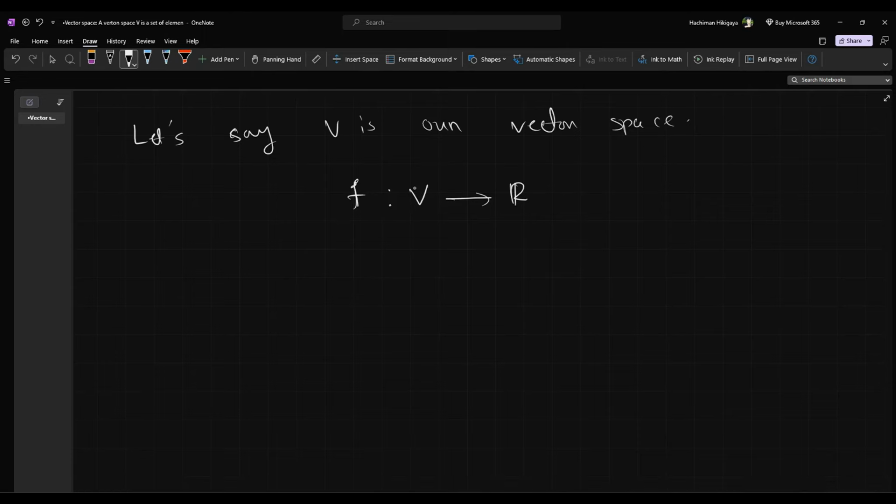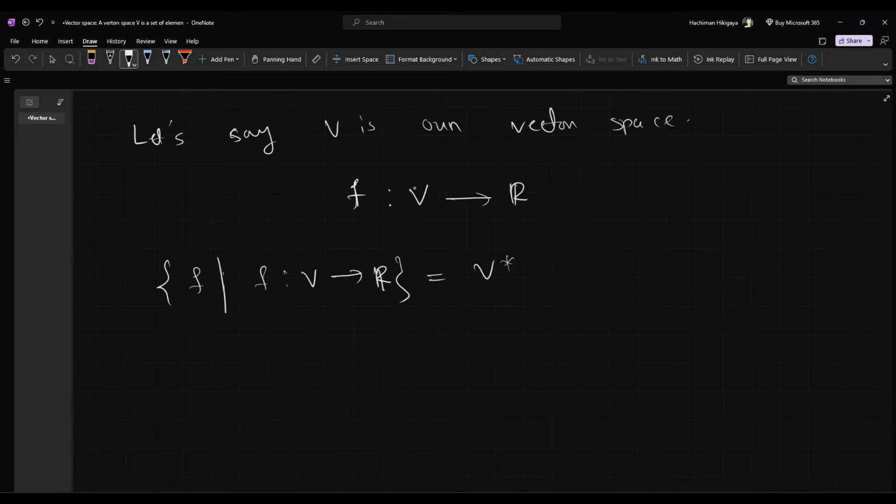All such functions may constitute a vector space, and this vector space is known as the dual vector space, which is written as V star.